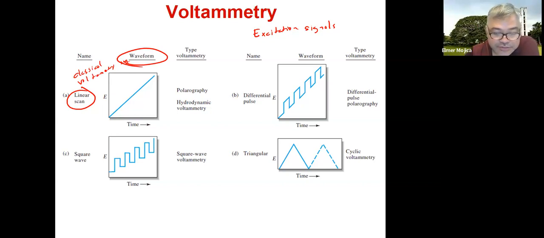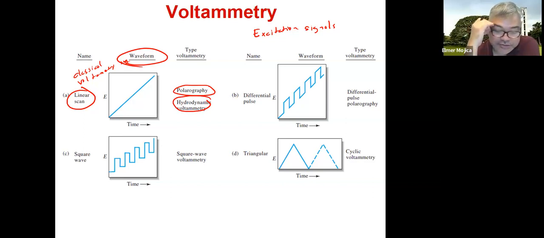When you apply the linear scan shown here, the voltage applied to the cell increases linearly as a function of time. You usually use it in polarography, and this is what we call hydrodynamic voltammetry. So in a linear scan, the potential increases linearly with respect to time.